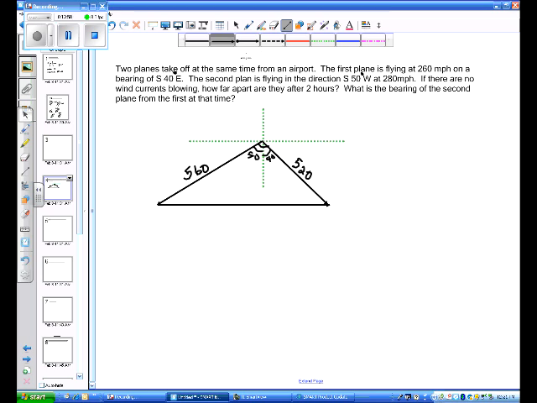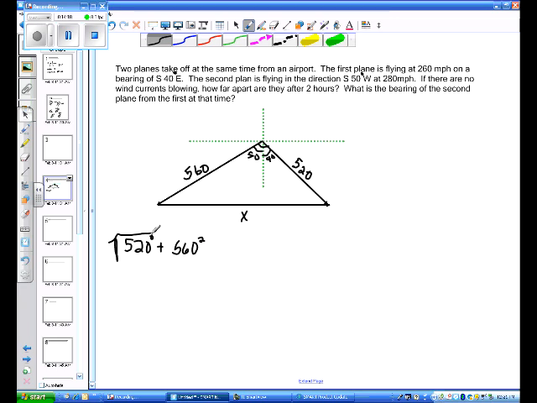Okay, so let's start with the distance. If we're going to find this distance, we know we have a right triangle, and we're just going to use the Pythagorean theorem. So we know that 520 squared plus 560 squared will equal x squared. So if we take the square root of that, it equals x.